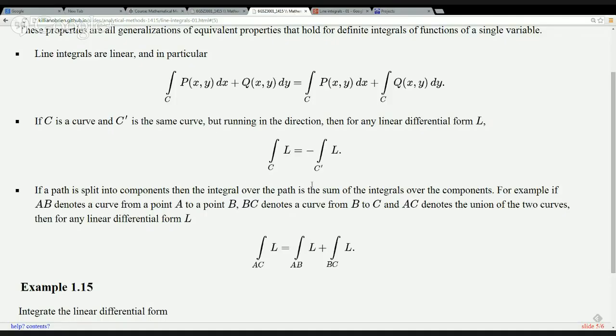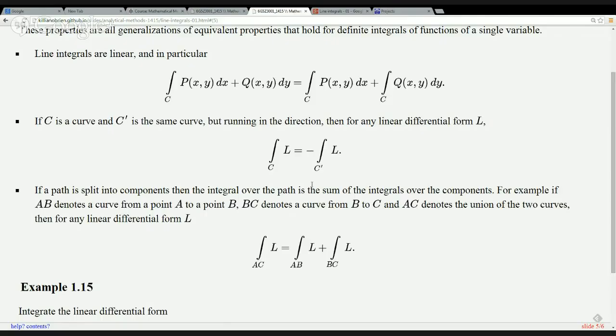If you have, say, A to C, so two points in the plane, a start point and an end point. So the integral on the left, the integral from A to C of L, denotes some curve from the start point A to the end point C, not necessarily the straight line, just some curve.